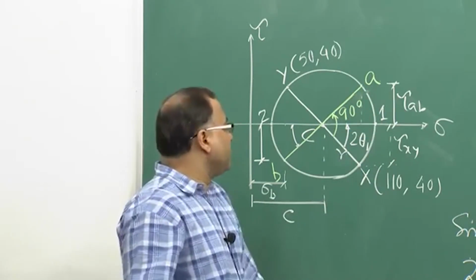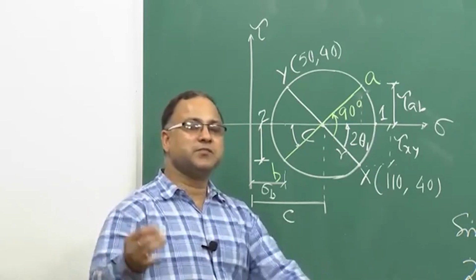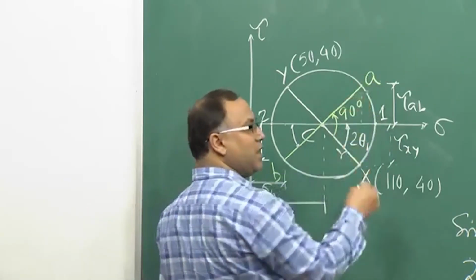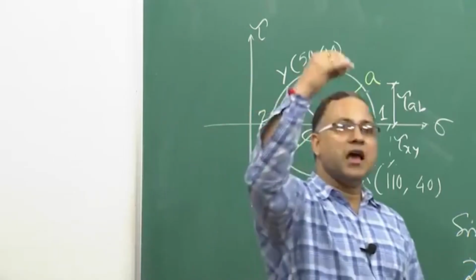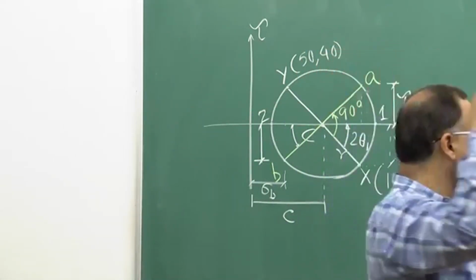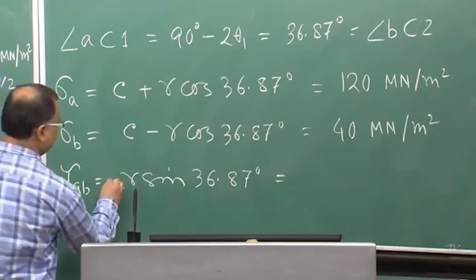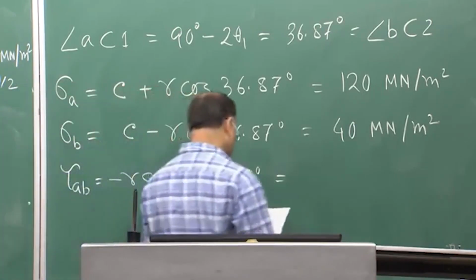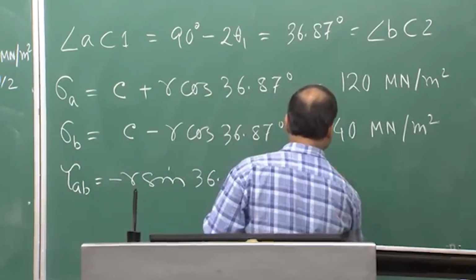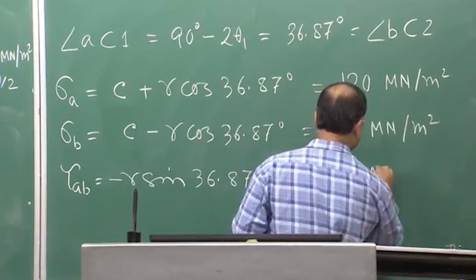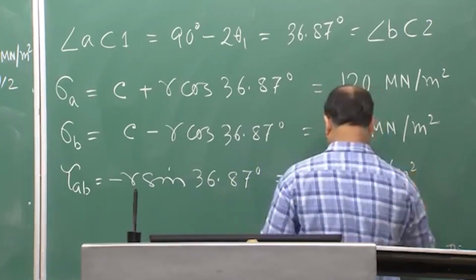Instead of A you can consider x prime. So, x is mapped to x prime and x prime is lying above the sigma axis. Therefore, your tau AB must be negative as per our sign convention. So, that is coming 30 meganewton per meter square.